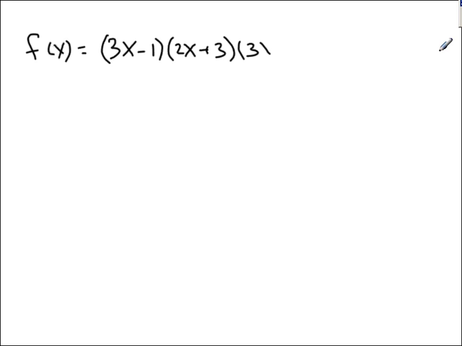Suppose you were given this. Suppose you were told that f of x is equal to 3x minus 1 times 2x plus 3 times 3x plus 5. I guess this isn't a power rule problem, but it's a product rule. But the problem is we're multiplying 3 things.